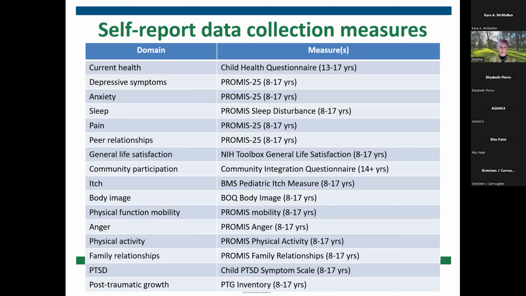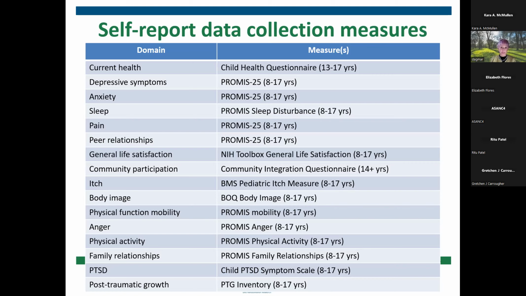In this table, you can see the health domain or area of health that we're measuring on the left side, and the specific measures we use to measure that domain on the right side.